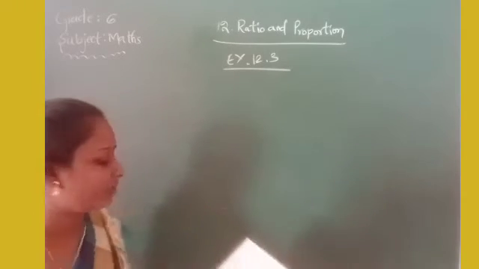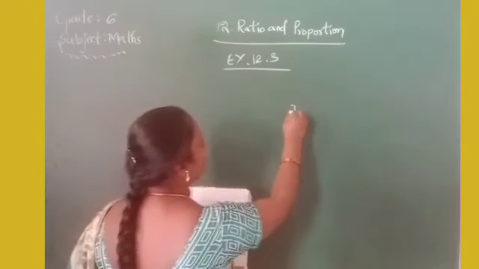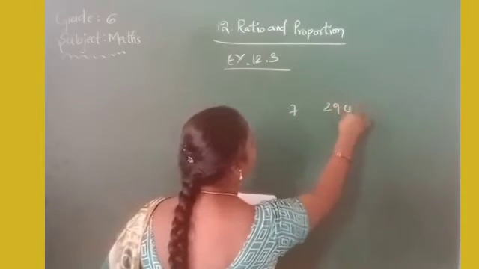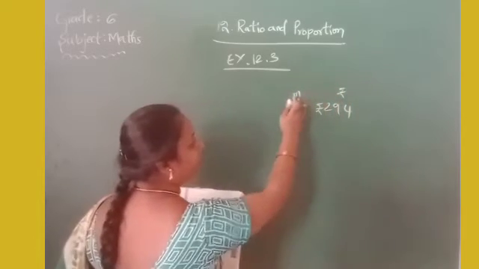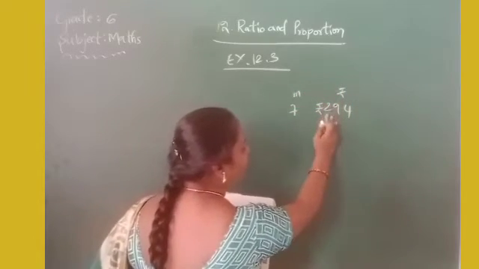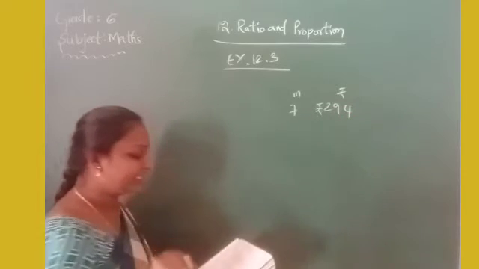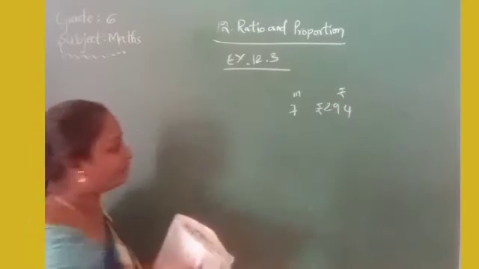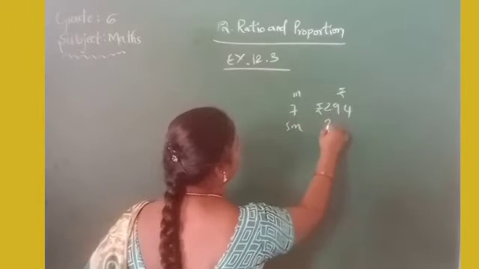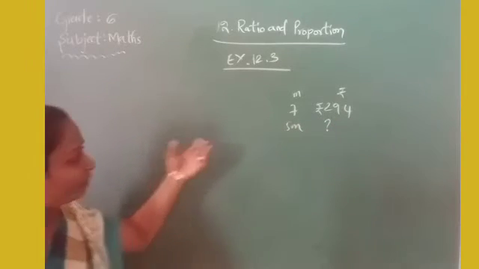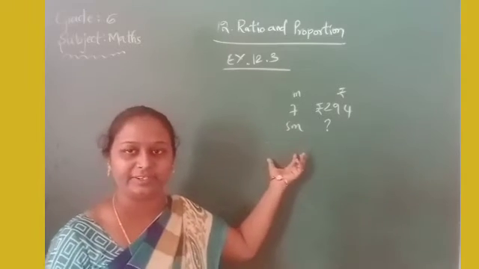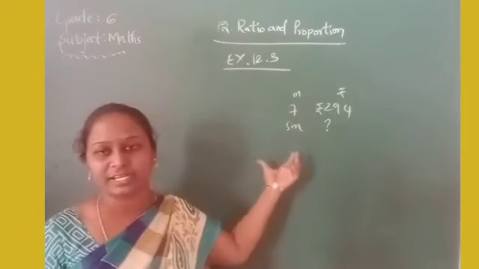What is the cost of 7 meters? 7 meters of cloth is 294 rupees. Meters and rupees are given. Then find the cost of 5 meters of cloth. How many rupees do we require to purchase 5 meters of cloth?